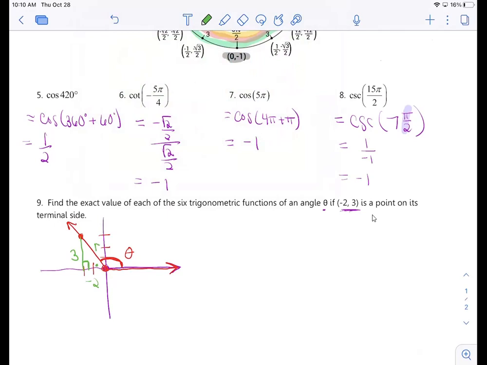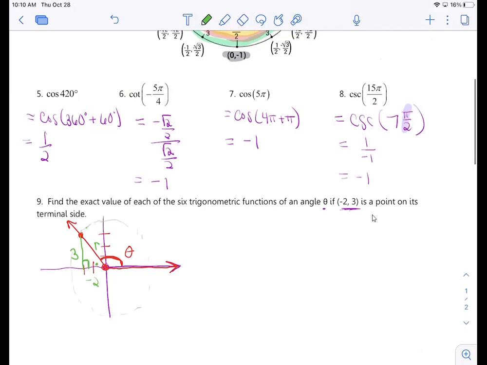Well, if I want to find that R, because think about, like your notes say, we can make a circle here. So that's why it could be R, or you could look at it as hypotenuse for your triangle. Well, we used Pythagorean theorem. So 3 squared plus -2 squared equals R squared. So we get 9 plus 4 equals R squared. 9 plus 4 is 13.